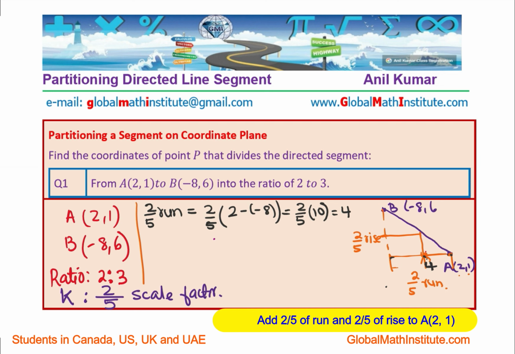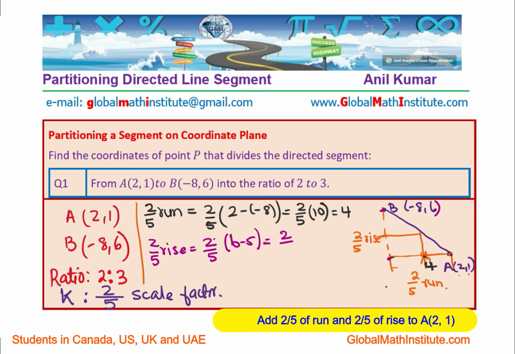Now similarly, let's also find 2/5 of rise. Going up from here to there means from 1 to 6, which is 5 positions. So let me write this as 6 minus 1, which is 5.